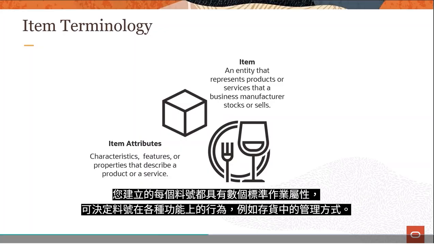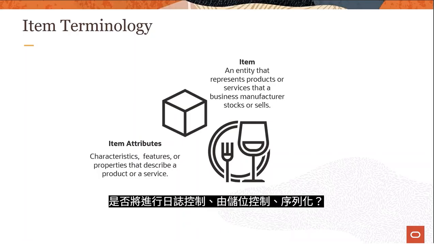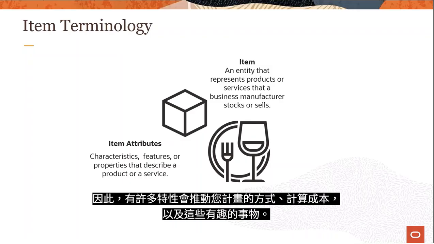Each item that you create has several standard operational attributes that determine the behavior of the item with respect to various functions, like how it's going to be managed in inventory. Is it going to be lot controlled, locator controlled, serialized, date expiration needs to be tracked, purchasing, how it's going to be bought, or you're going to build it. So there's a lot of characteristics that drive how you're going to plan it, cost it, all those fun things.